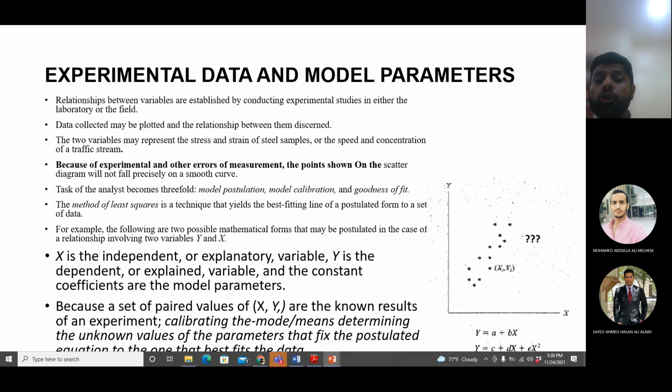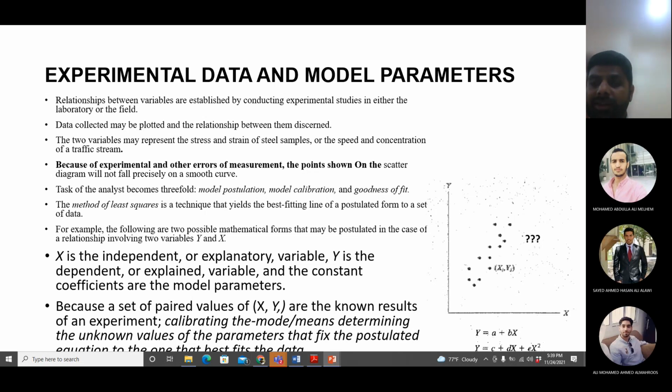The third thing is goodness of fit. Goodness of fit means now you try to find out the accuracy of the model. I have an equation between x and y, and I have the actual results. How close is the accuracy between the model values and the actual results? So you calculated the weather forecast for tomorrow, and then when the next day came, you measured the actual temperature.